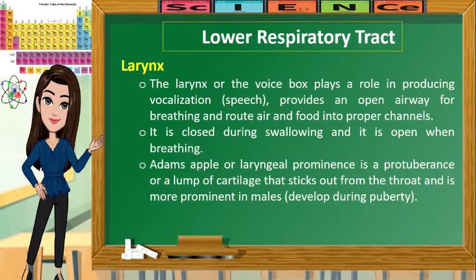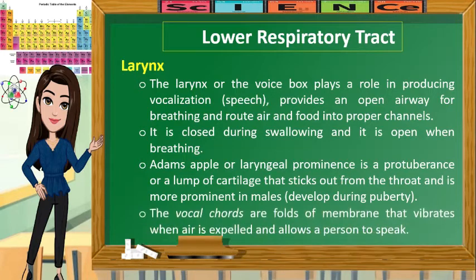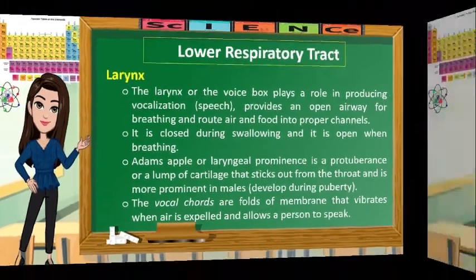The Adam's apple or laryngeal prominence is a protuberance or lump of cartilage that sticks out from the throat and is more prominent in males, developed during puberty. The vocal cords are folds of membrane that vibrate when air is expelled and allow a person to speak.